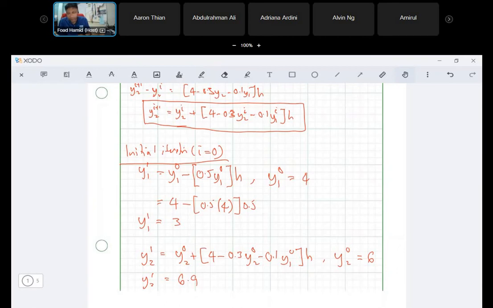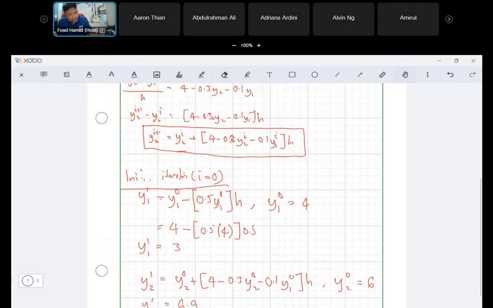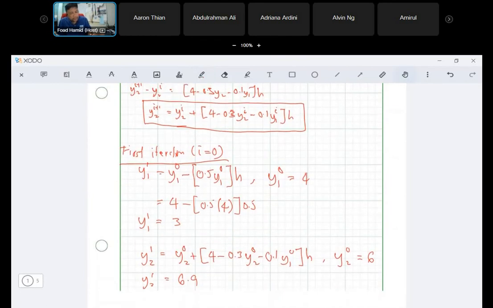Now next, the first iteration, i equal to 1. Sorry, I keep getting this incorrect. Okay, you get your y1 and y2 for the first iteration, which are these numbers.